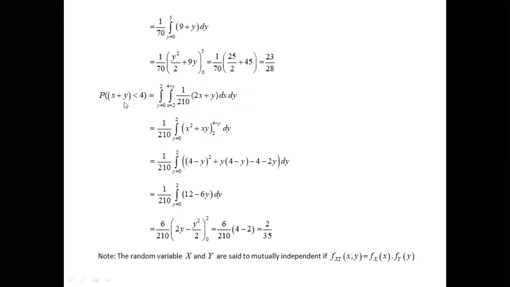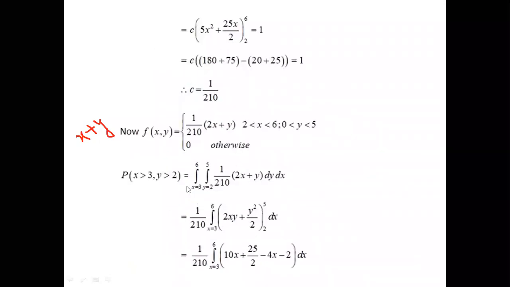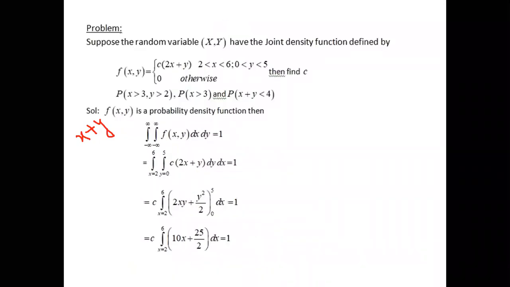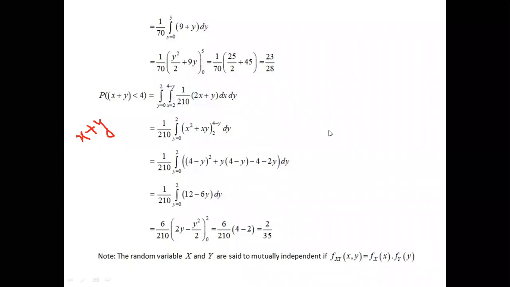Similarly, they are asking you to calculate the probability of x plus y less than 4. In the question they provided that x plus y is less than 4. From this, we write it in terms of x.